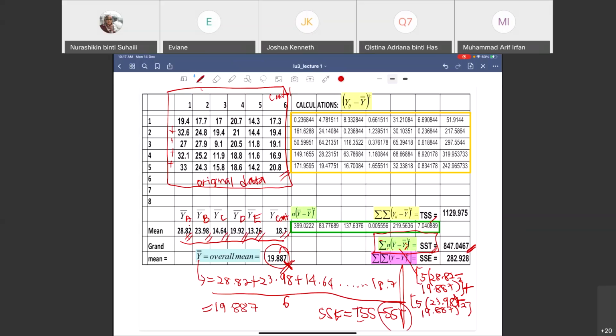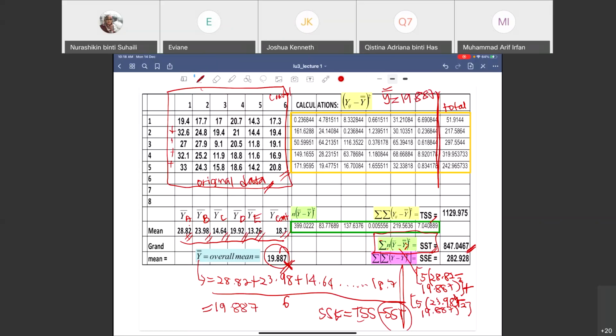So this is the original data that you have, and you have to extend the table by adding another 6 columns, or maybe 7 columns. This is total. Okay, 6 columns. So how are you going to solve for this? You know the value of the overall mean is 19.887.